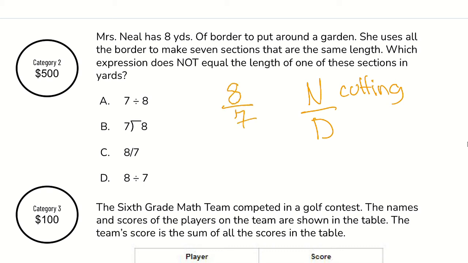I'm reading, it says which expression does not equal. Okay, so there's lots of different strategies on this. I know that this is the right way. So I like to write the right way, okay? So I know that 8 is on top of the 7. So 8 is Ned, 7 is Donkey. So Ned leads Donkey.